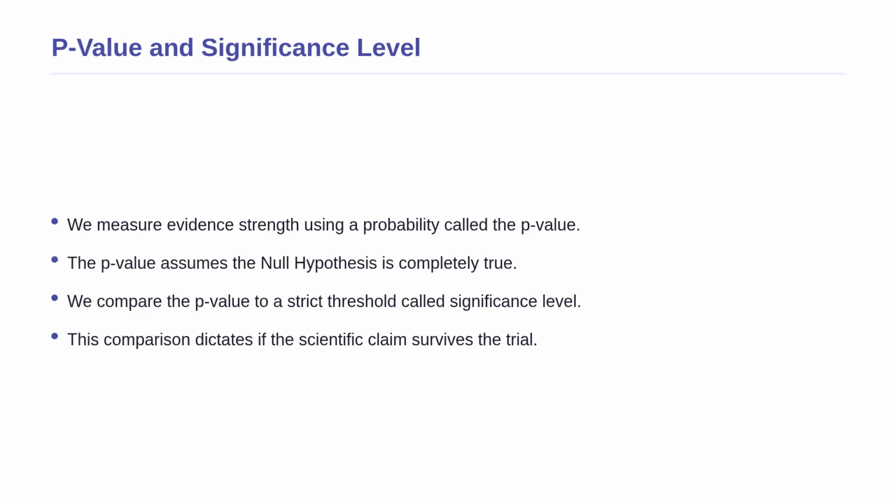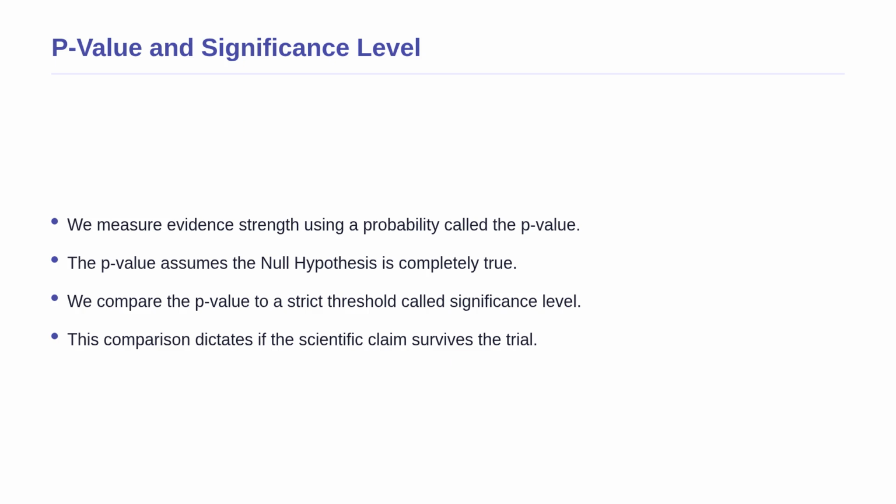Now that we have set up our hypotheses, we need a way to measure how strong our evidence is against the null hypothesis. We do this by calculating a probability called the p-value. The p-value is the probability of observing our data, assuming that the null hypothesis is completely true.